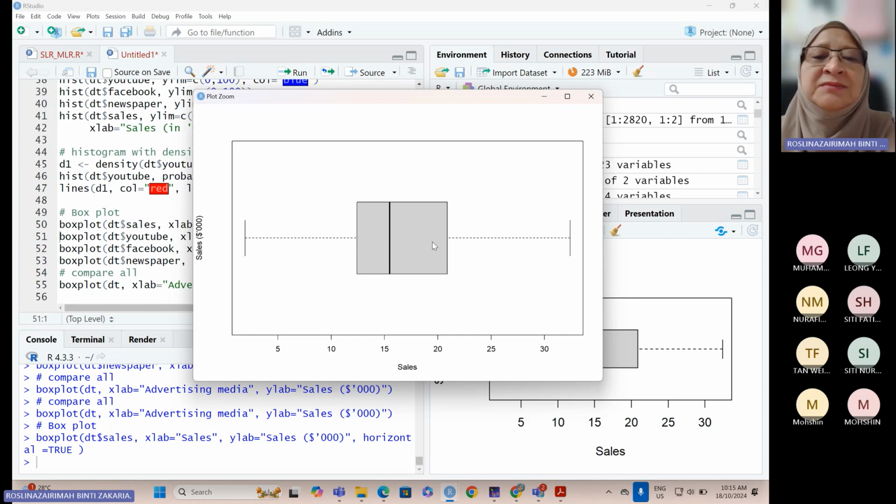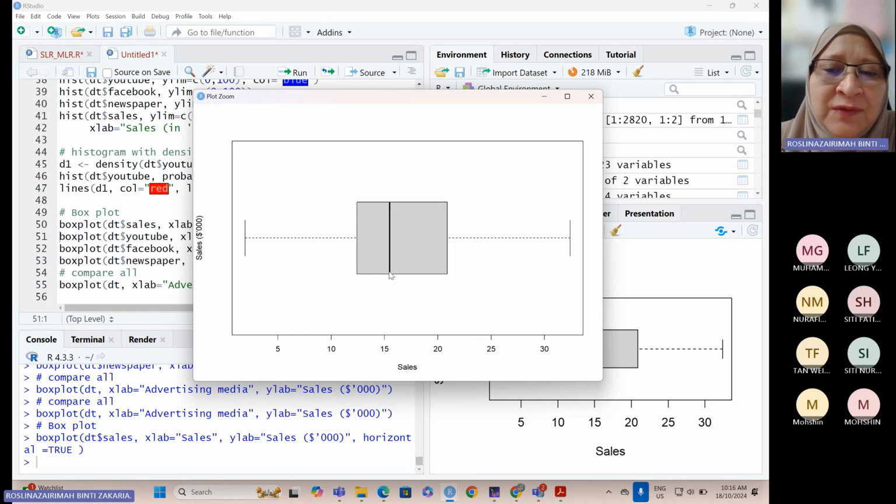Now, like I mentioned just now, this is called a box plot, or sometimes box and whiskers, or 5-number summary plot. Why 5-number summary? Because the point on the left is the minimum value. The left side of the box is the first quartile, Q1.